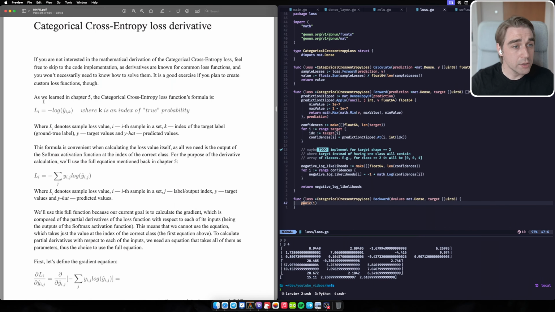Let's go. As we learned in chapter 5, the categorical cross entropy loss function's formula is: loss is minus 1 multiplied by the logarithm of y hat at k, where k is the index of the true class. So we're calculating the logarithm of the probability of the concrete class.